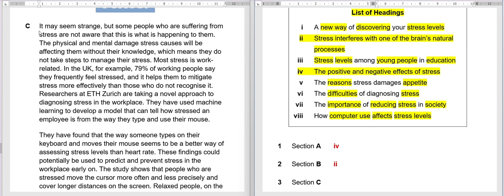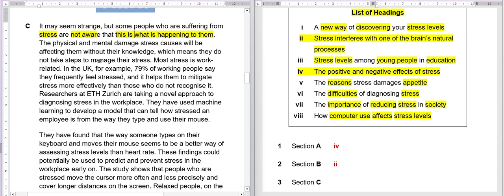First paragraph. It may seem strange, but some people who are suffering from stress are not aware that this is what is happening to them. It may seem strange to you because people who are suffering from stress are not aware that this is what is happening to them. So they are not aware that they are overeating because of stress.